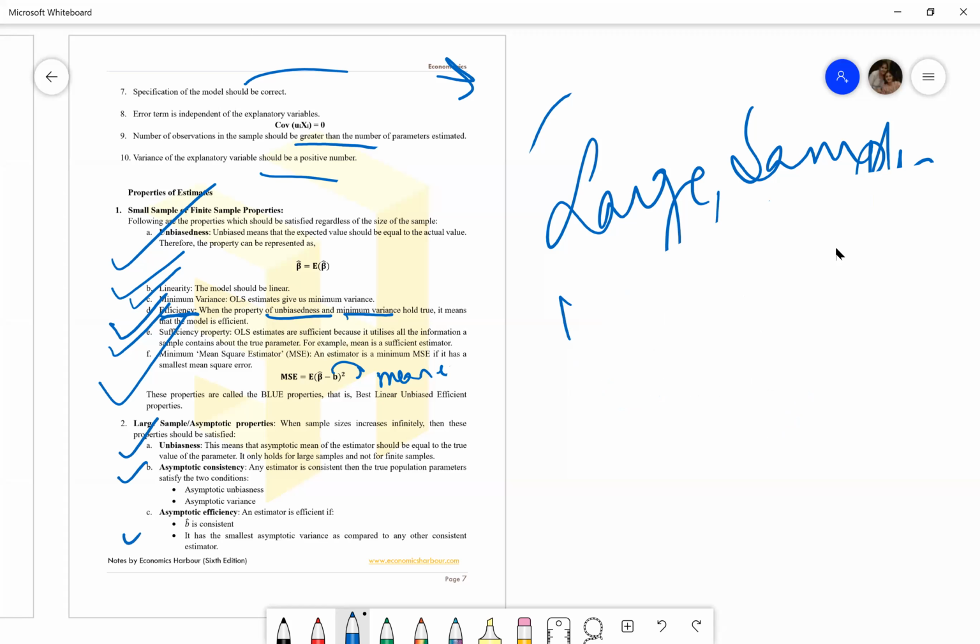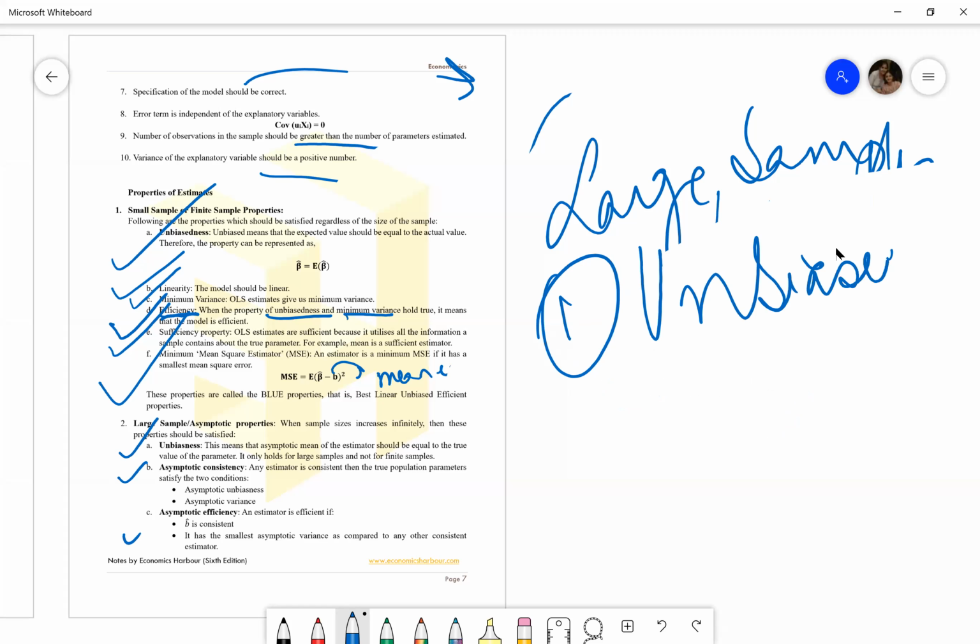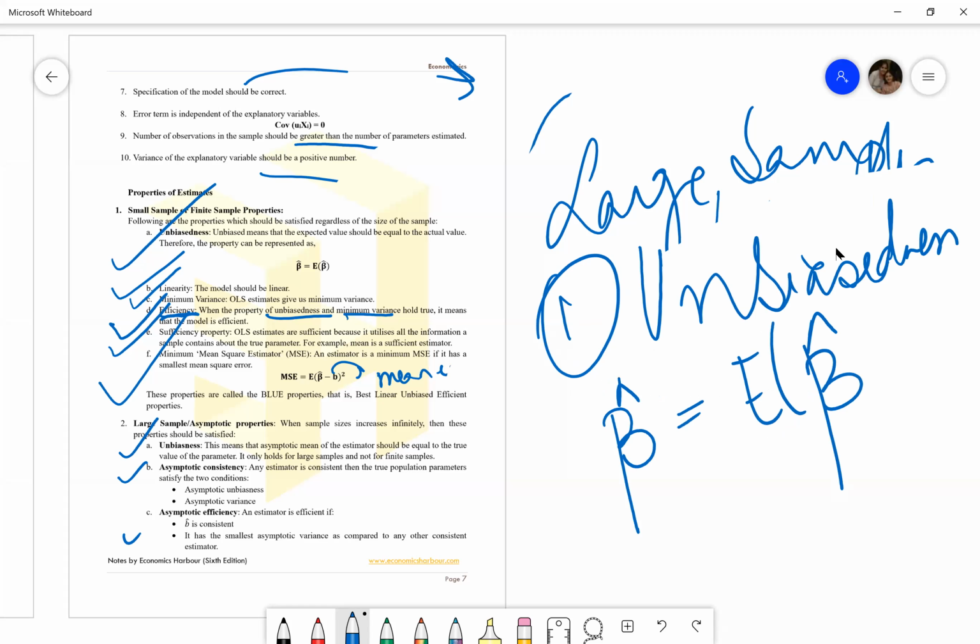Again, the first property is unbiasedness. Your sample statistic should be equal to your expected or mean statistic. Your parameter should be equal to the mean of this parameter.